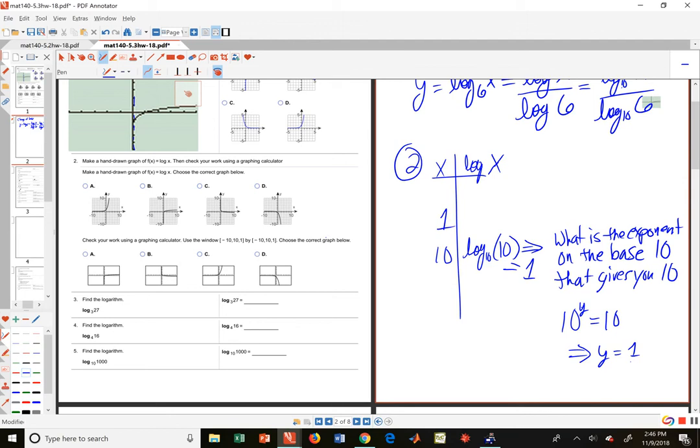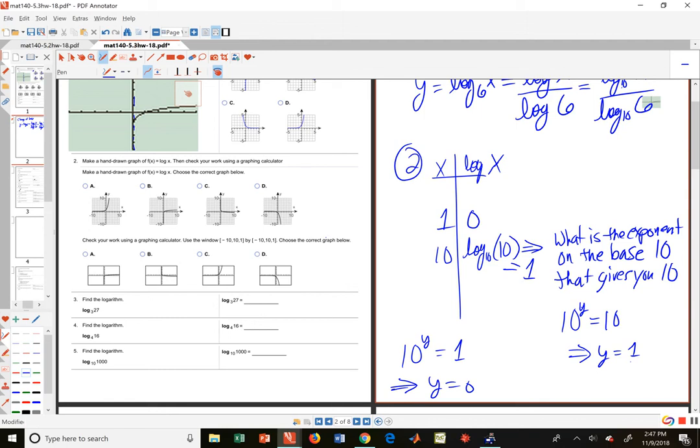Let's do a 1. So this means 10 to what power is 1? And the answer is y is equal to 0. So 0 is the exponent on the base 10 that gives you back a 1. Alright.